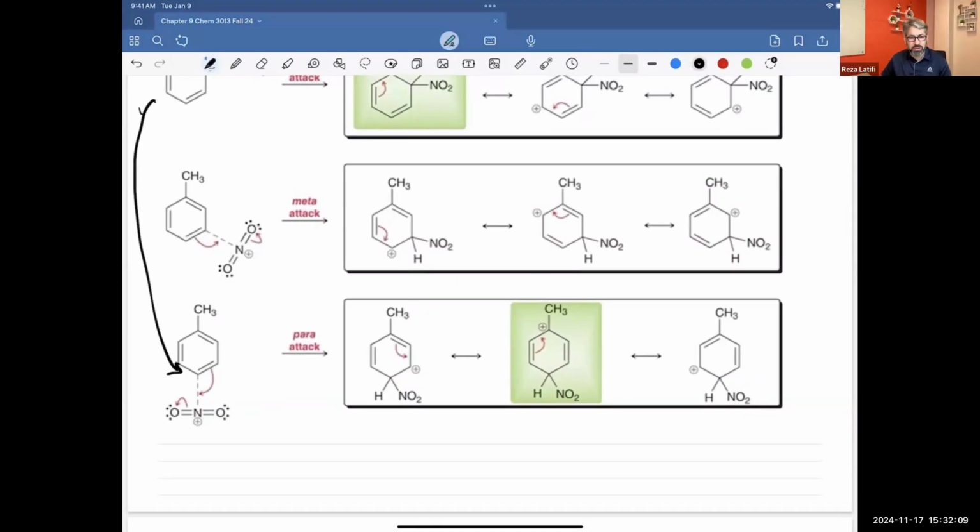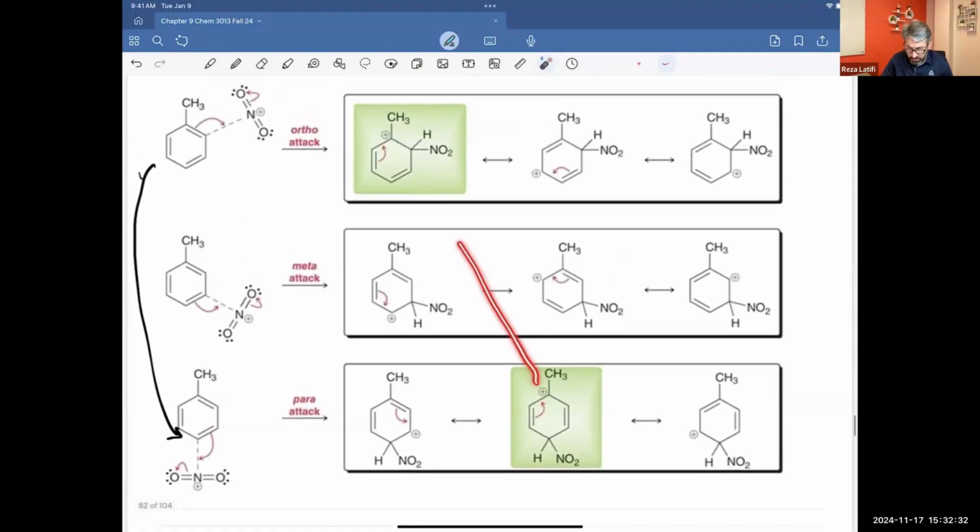If we add it to para, now we will have a positive charge here, positive charge there. It looks as far from the methyl, but we can move these two electrons. If we move them here, now we will have a double bond there, and the positive charge is showing on a carbon that has the methyl substituent. Again, this one looks similar to that. Positive charge is sitting on a carbon that has an electron donating group.